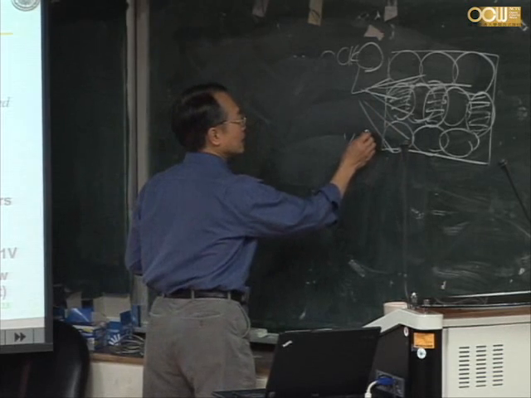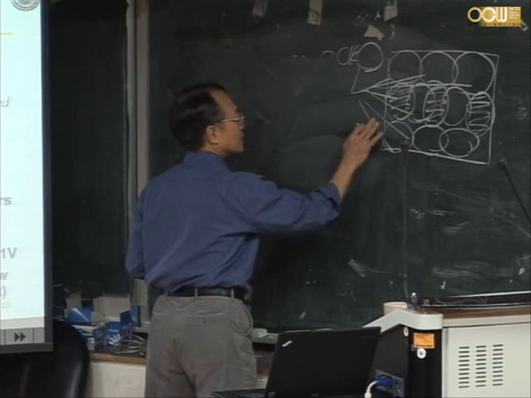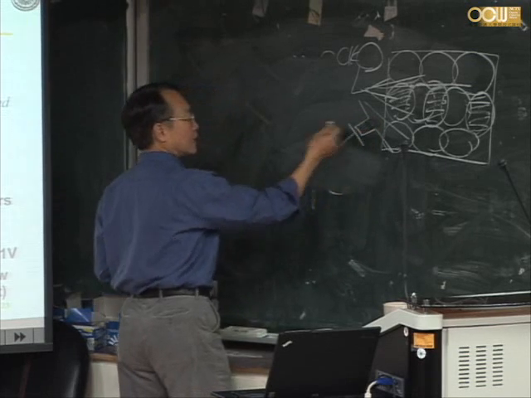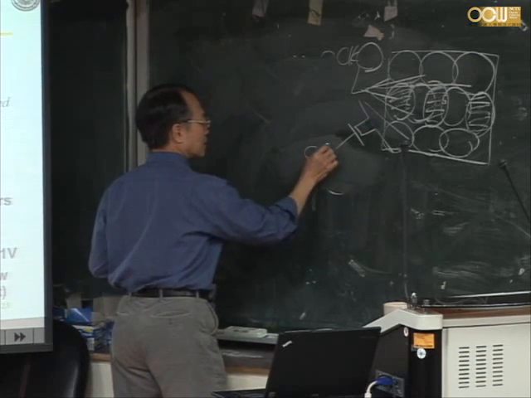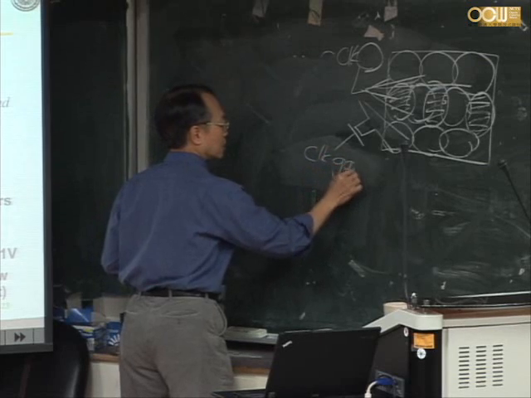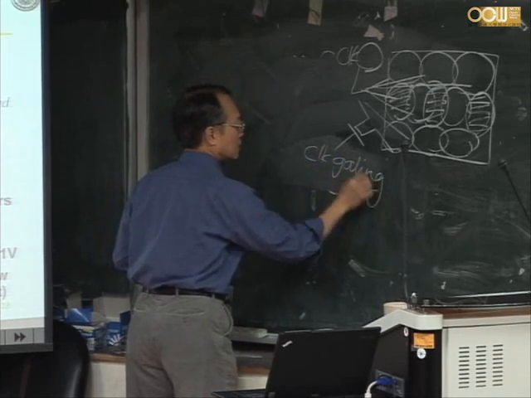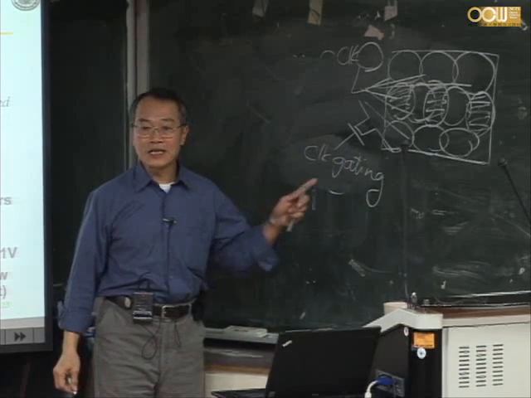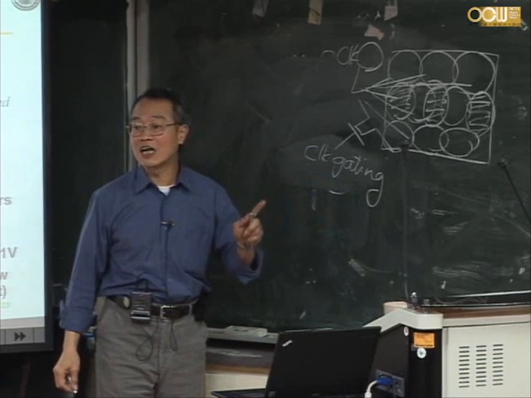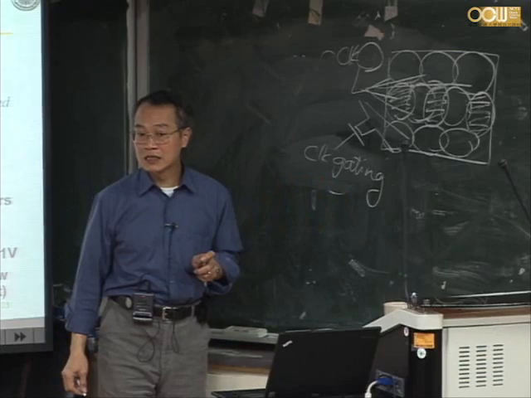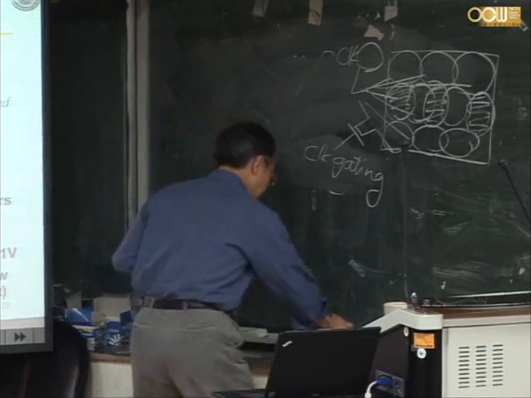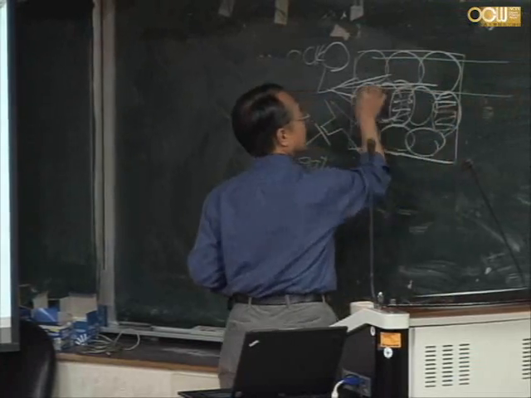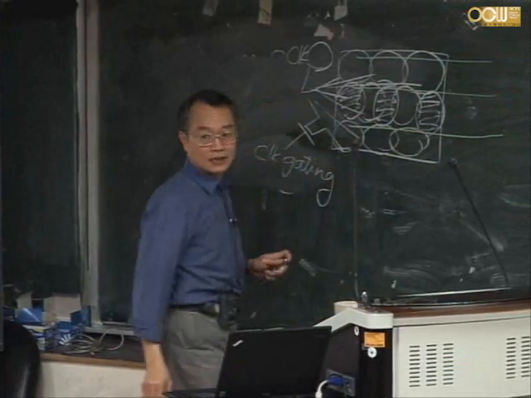for whichever component that we're not using. Maybe we gate the clock. Don't let the clock go into that component. That's the so-called clock gating. Or we have a power net to all the components.